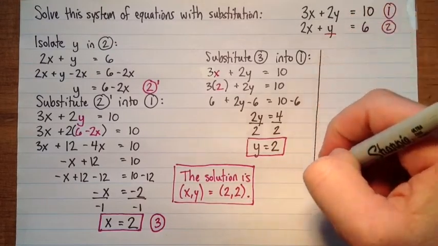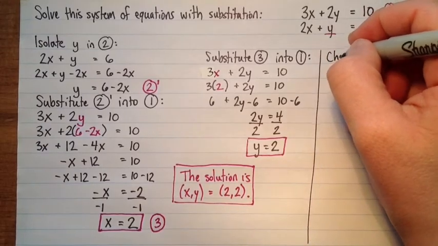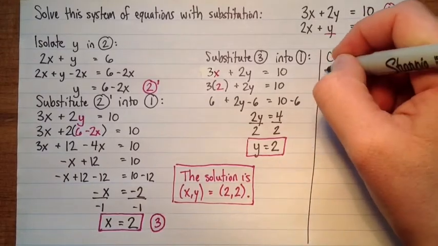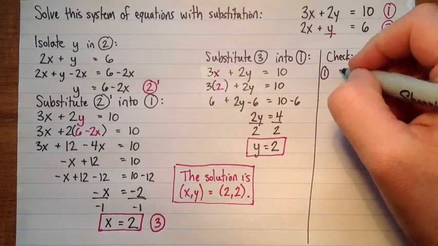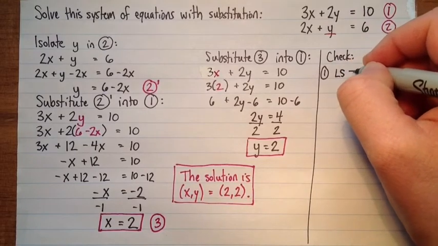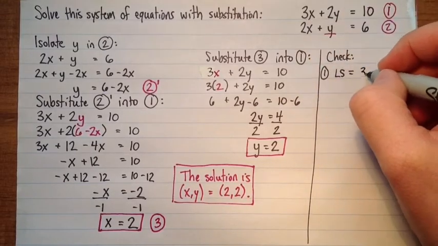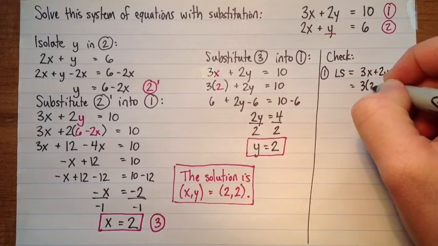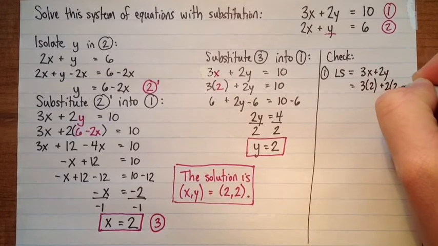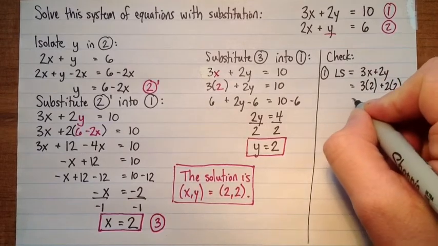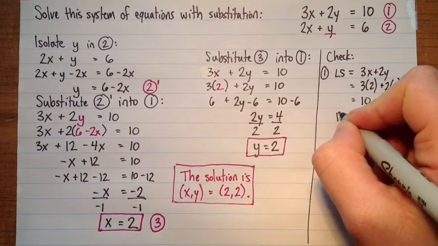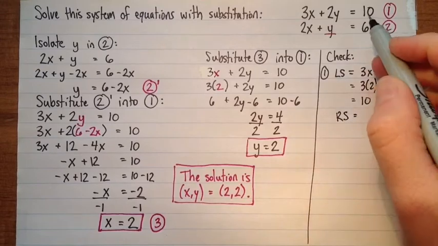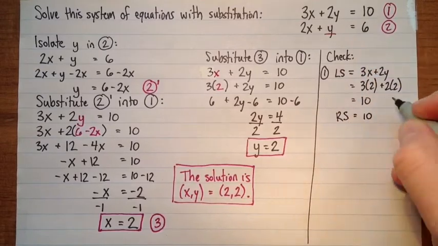Okay, so over here I'll do a check. In equation 1, my left side equals 3x plus 2y. So that's 3 times 2 plus 2 times 2. So 6 plus 4, that's 10. The right side also equals 10. Perfect.